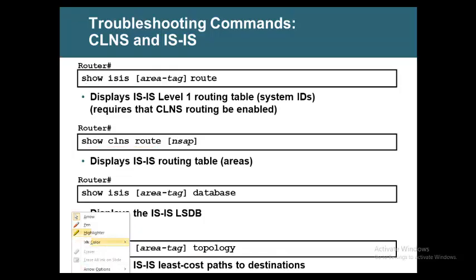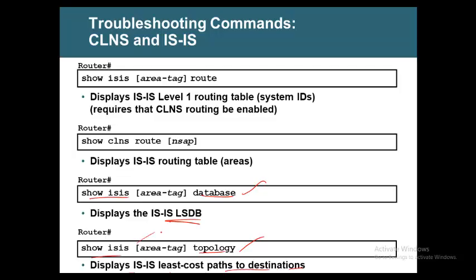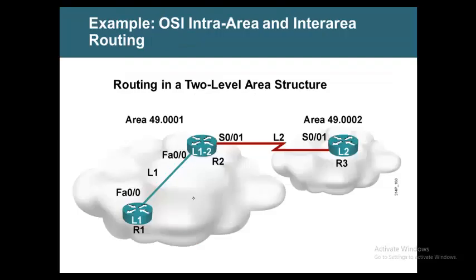These will almost look the same; topology will also have all destinations, and database will also have all destinations, but this is a link state database, which will have the advertised router, advertised network, etc. This will include the cost. When we do the lab, we will see this difference. Okay, here is an example configuration, intra area and inter area. You see, in router 1, which is only an L1 router, you have only one database. Show ISIS topology, you have only one.